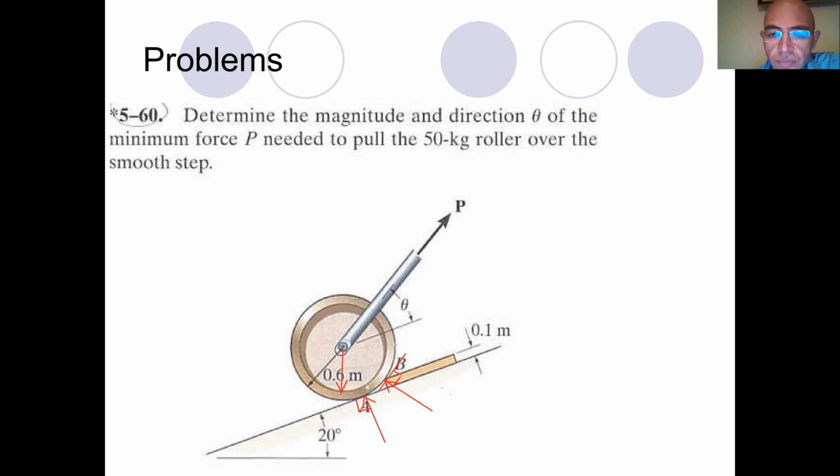Now, the thing is this. Just imagine that you are pulling this roller and it hits this step. Now, there is an instant when it hits, certainly it will stop. And at that moment, just think that you stop and begin to increase the force P gradually.